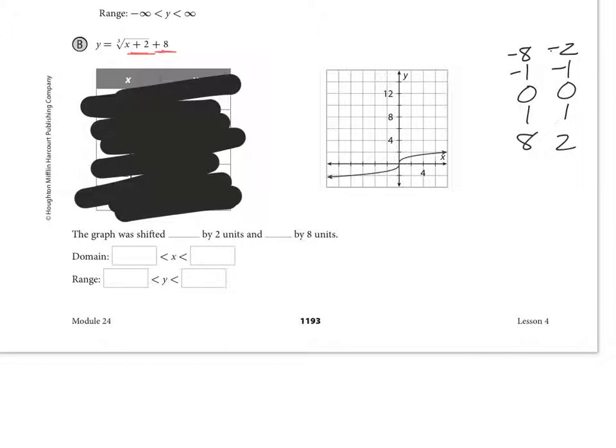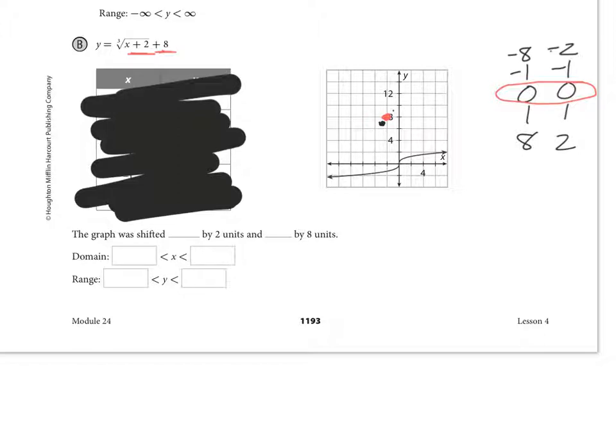So what they've done is graph the parent function. What I'm going to do is go left 2 and up 8, and that's my quote-unquote starting point. Now all I do is take care of my shifts for my reference points. When I go to the left 1, I go down 1.